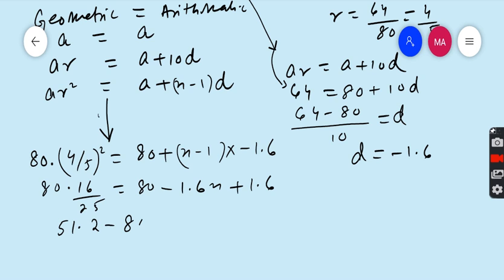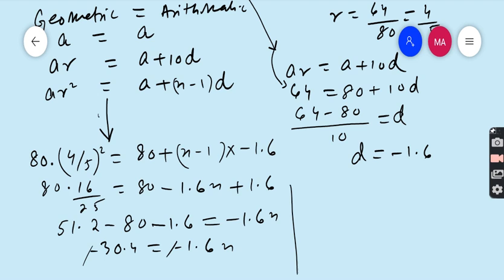And this 80 must shift over here, and this 1.6 also shifts over here. So on the right hand side only minus 1.6 n. So 51.2 minus 80 minus 1.6 is 30.4 equals minus 1.6 n.